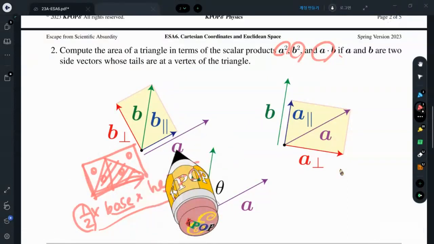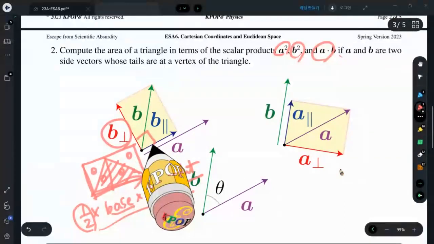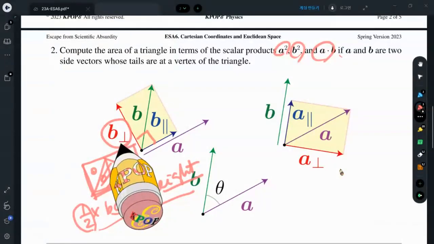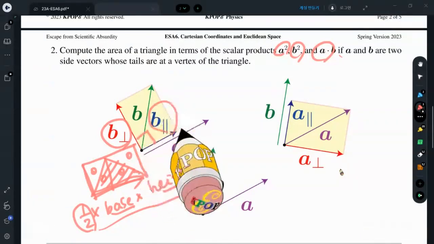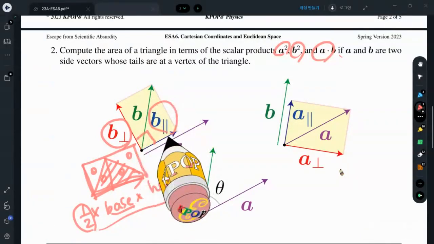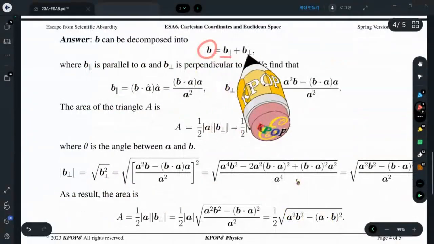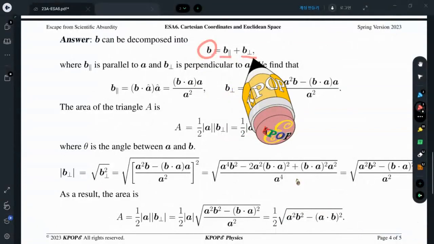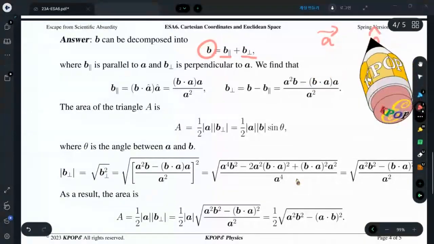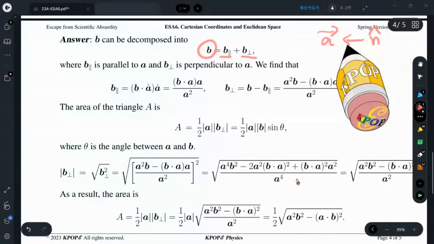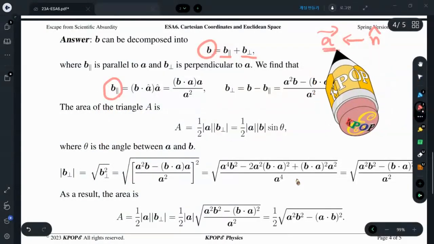So how can I find the height? The perpendicular component. How can I find the perpendicular component? I need to subtract the parallel component. How can I find the parallel component? Using the scalar product. Any vector can be decomposed into parallel and perpendicular components relative to A. Now n hat is replaced with A. What is the parallel component of vector B parallel to A?